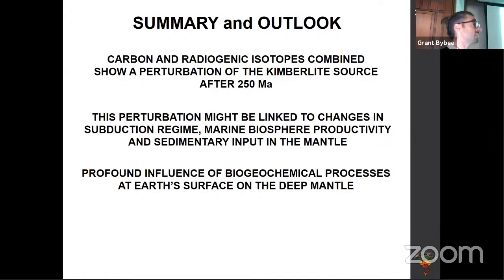So to conclude, the data show that kimberlites record a perturbation in their source, in terms of carbon, strontium, neodymium, and hafnium isotopes, and this is after 250 million years ago. This change, especially for carbon, is potentially linked to fundamental changes in marine productivity and therefore in the shallow carbon cycle.